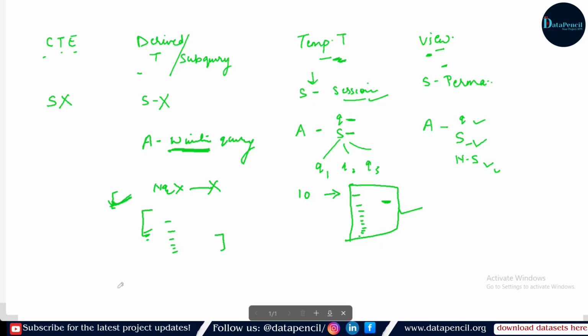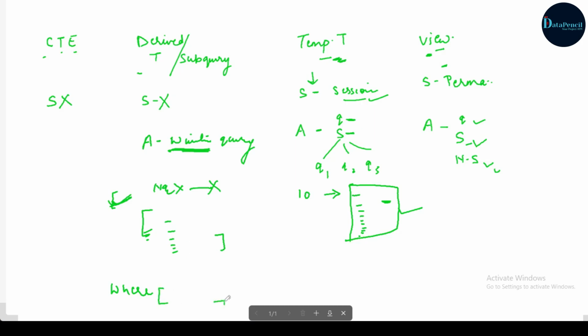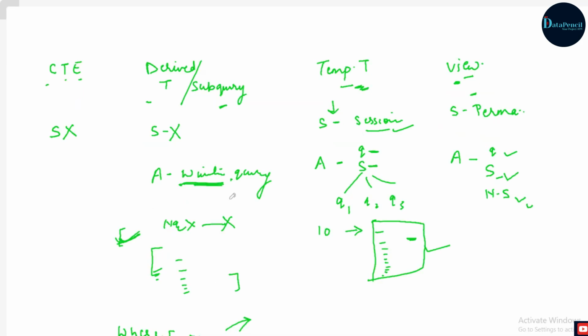Then we have to write this whole code again. Suppose we have to put this inside the where clause. There is no shortcut, we have to put the whole set of code again. So this is the disadvantage of this subquery. We have to write the whole code whenever it's needed, for that particular query only.